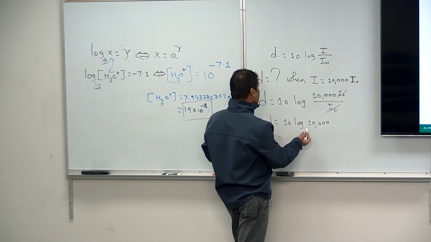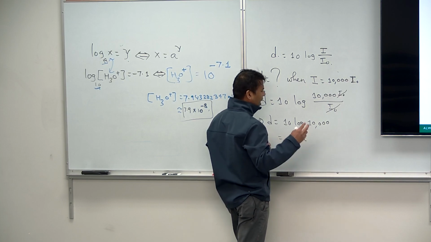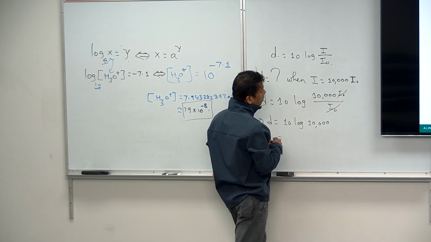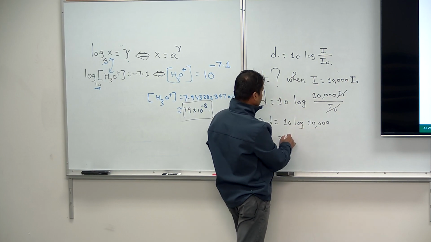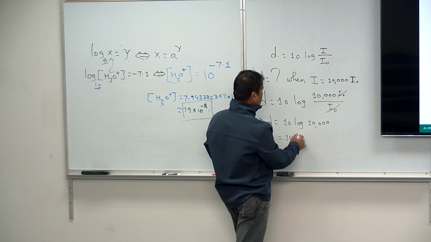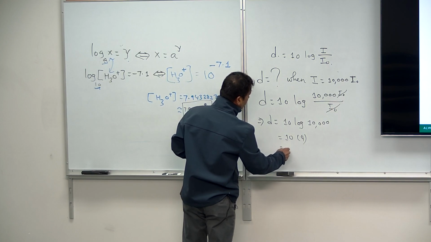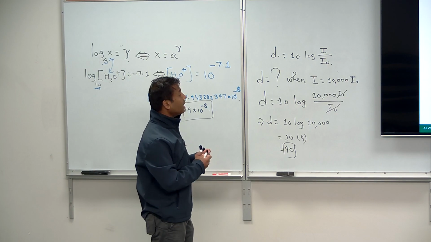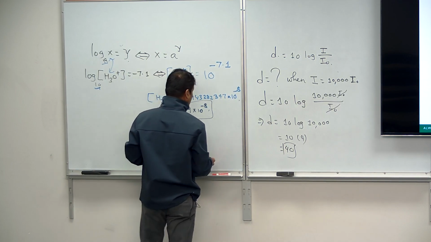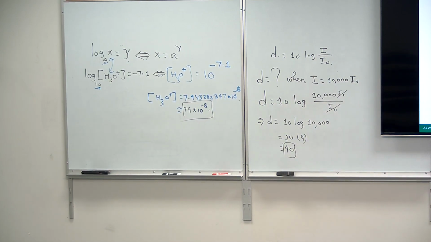If you use a calculator, log 10,000 is, I believe, 4. Is that right? So this is 10 times 4. Use the calculator, guys. 10 times 4 is 40. So the decibel rating D of this sound is 40. Make sense? Are you with me, guys?